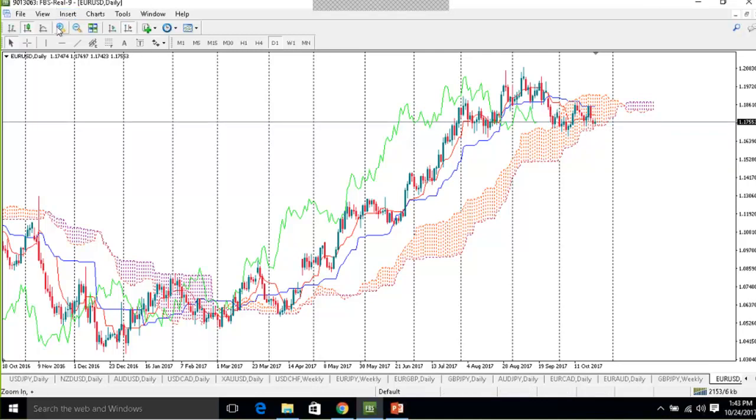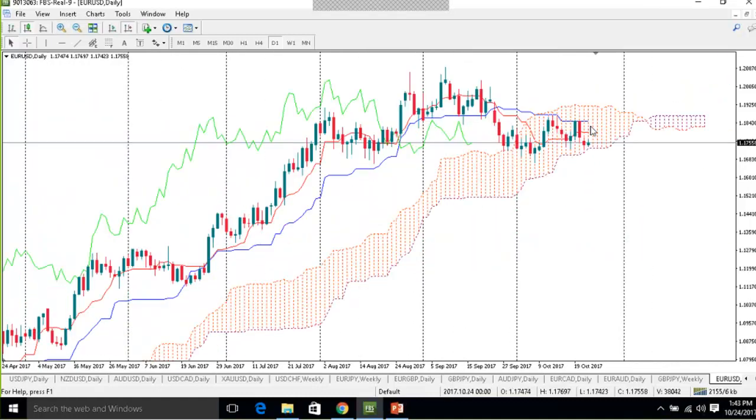You can see that the lines act as resistance once they acted as support. In the previous month, in September, the blue line acted as support. Then the price went lower, and the decline below the blue line is an important signal.